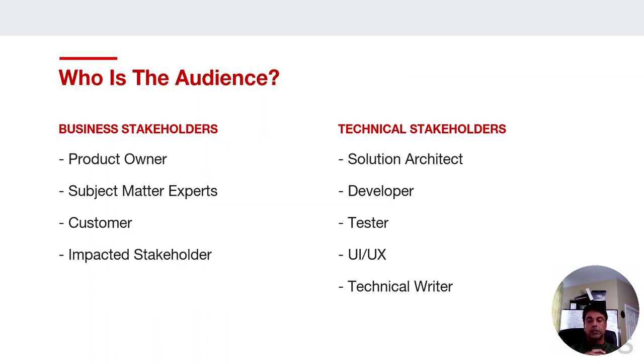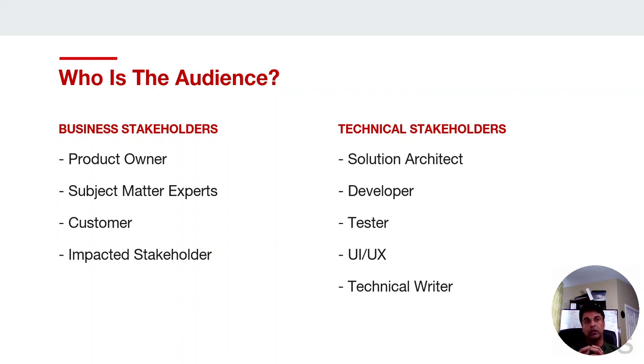Now, who's the audience? Your audience can be your business stakeholders and your technical stakeholders. Within the business stakeholders, your product owner is the most important stakeholder for whom you are writing these requirements and these stories.